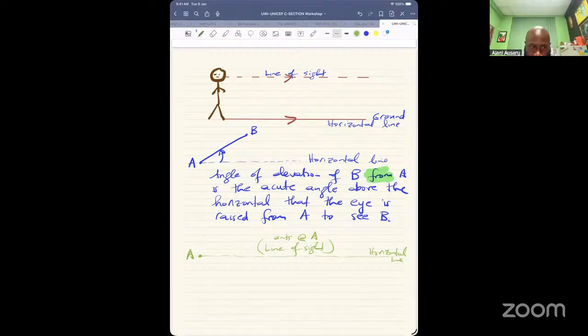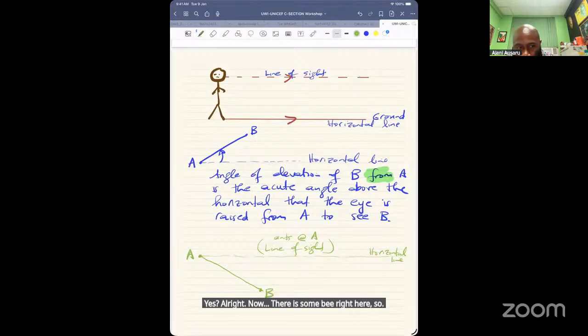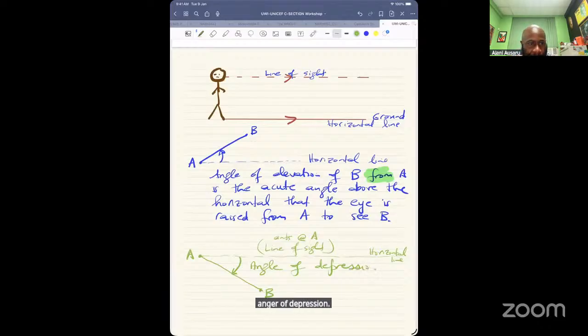Yes, sir. All right. Now, there is some B right here, and I'm looking down. I am looking down to B. So this angle here is called the angle of depression of B from A. It is the acute angle below the horizontal.